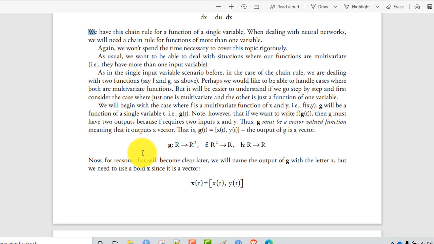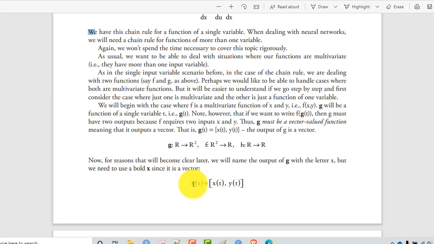So here's that situation in the text. We have that f is a function of two variables, and g, the inner function, which we just called x, or we also call it x here, but the inner function is a function of two variables.